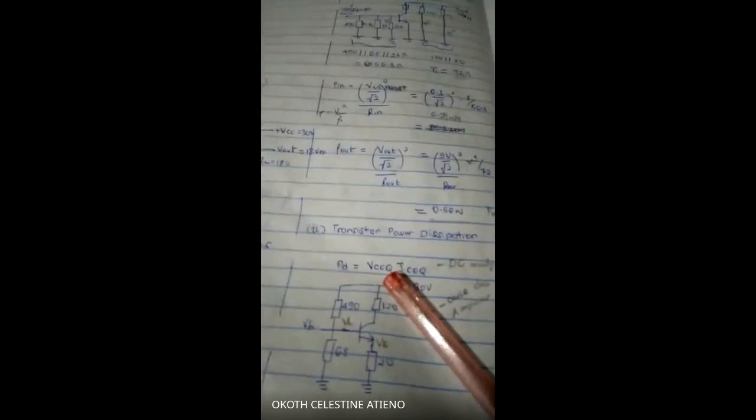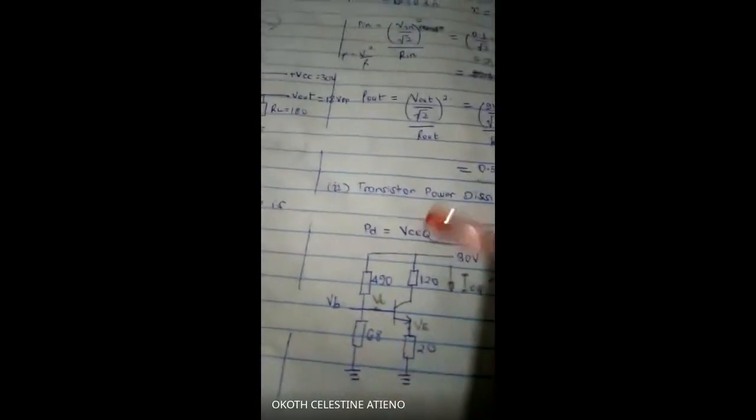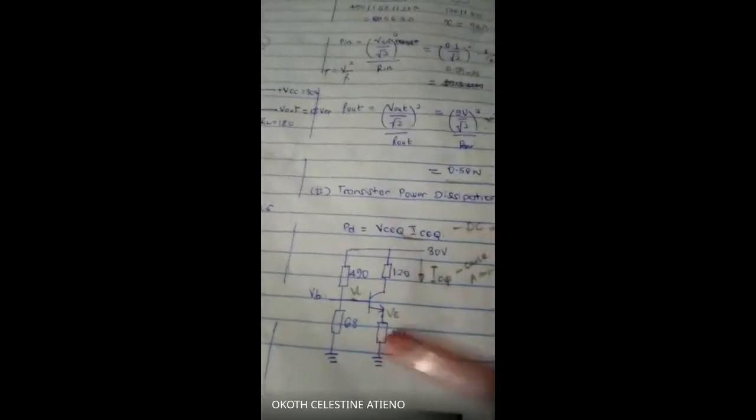Of course, when you're doing this analysis, you have to get the equivalent circuit. First you find ICQ, then you get VCEQ. You normally start from VB, so it's basically what we've done in the previous question. VB is going to be 68 over 68 plus 490, times 30.